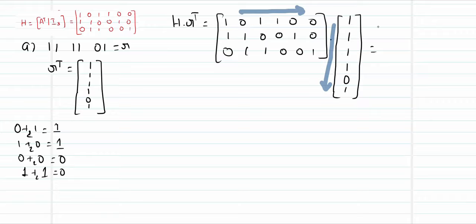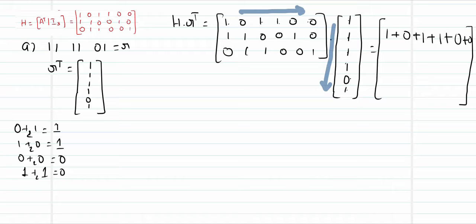So what you will be having for the first element is 1 into 1 is 1 plus 0 into 1 will be 0 plus 1 into 1 will be 1 plus 1 into 1 will be 1 plus 0 into 0 will be 0 plus 0 into 1 will be 0. So that makes my first element over here.